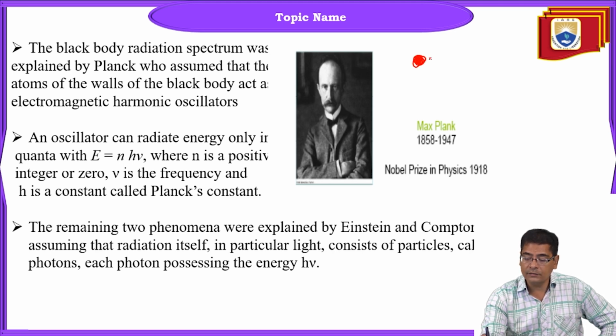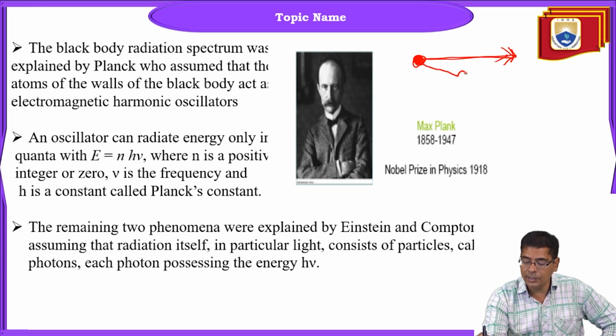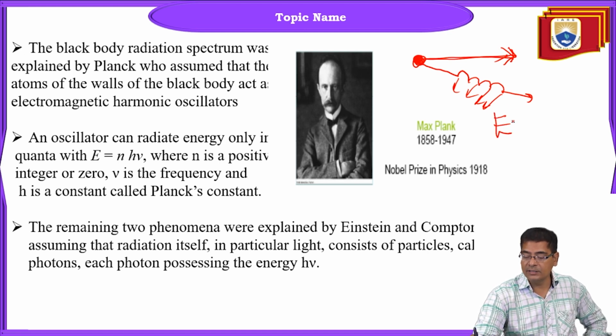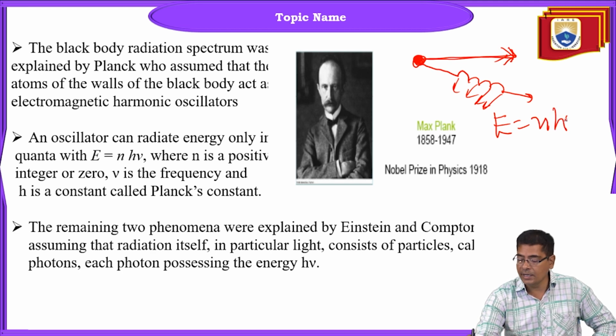Instead of getting the energy continuously, this energy needs to be quantized. If we take the energy in terms of certain bundles of energy, we can say that energy is quantized. That is what E equals n h nu is.